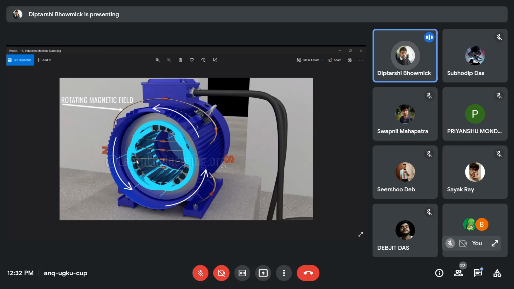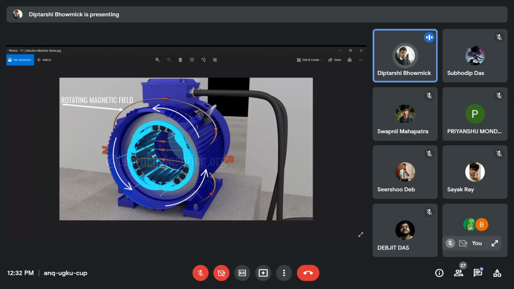In these 120 degree displaced windings, we are giving a three-phase balanced supply. Three-phase balanced supply means the voltage and current magnitudes are the same in the three phases, but the three phases are 120 degrees separated from each other in the time domain. That means at one instant, the three phases are 120 degrees separated in the time domain, and the windings are separated by 120 degrees in the space domain also.